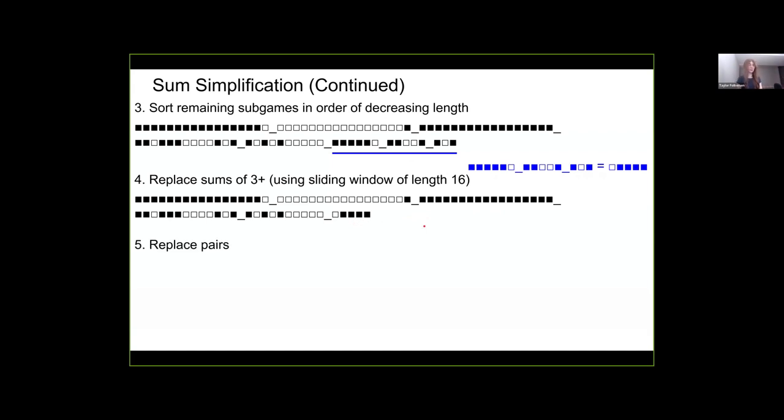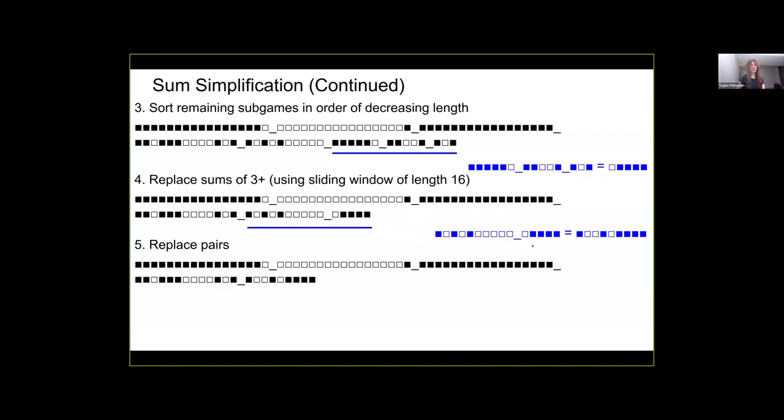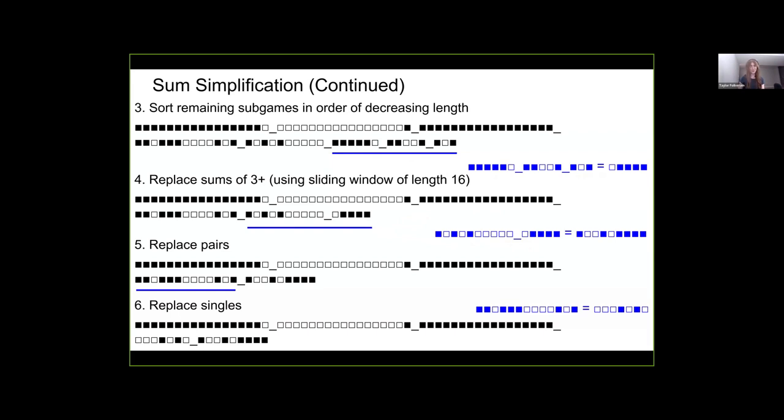And now we enumerate all of the pairs, and we do those replacements. And then lastly, we replace the single subgames. And here are the reductions in the complexity scores from the left game to the right game that takes its place.